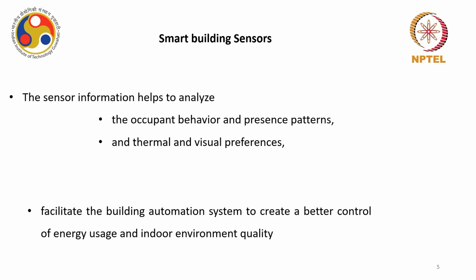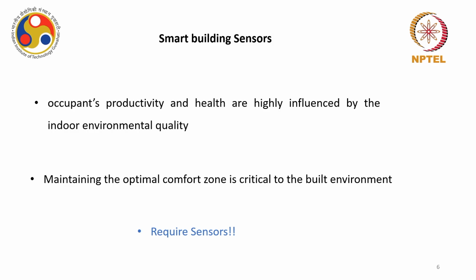The sensor information helps to analyze the occupant behavior and presence pattern, and it also provides the thermal and visual preferences of the person. This facilitates the building automation system to create better control of energy use and indoor environment quality.